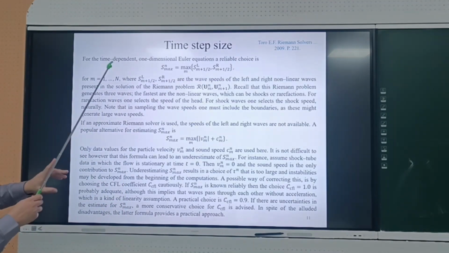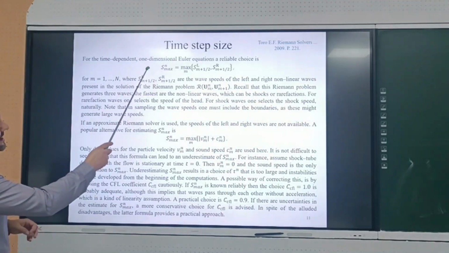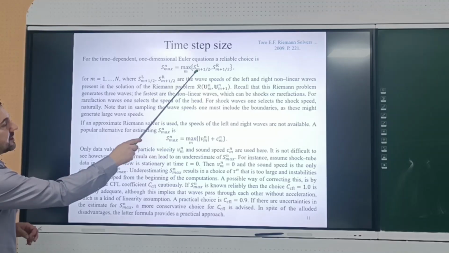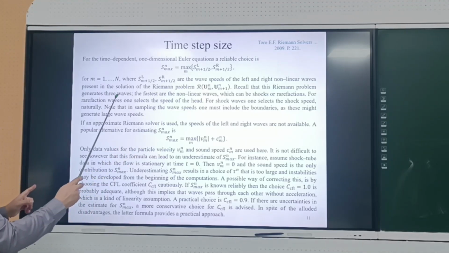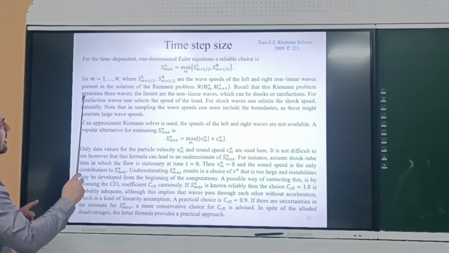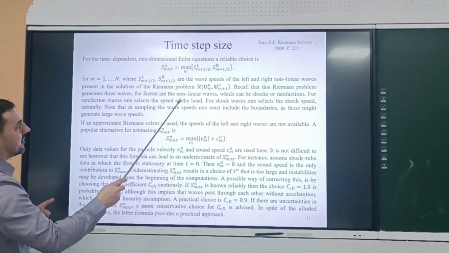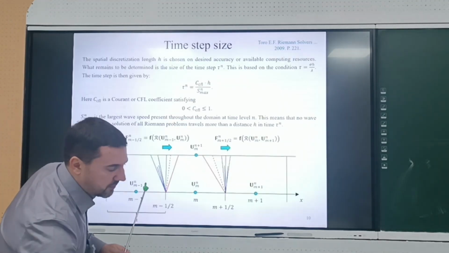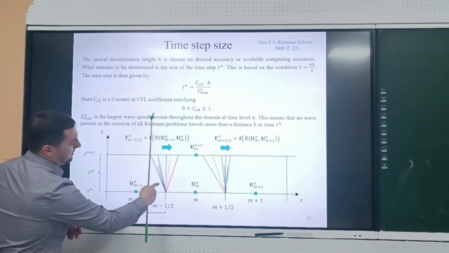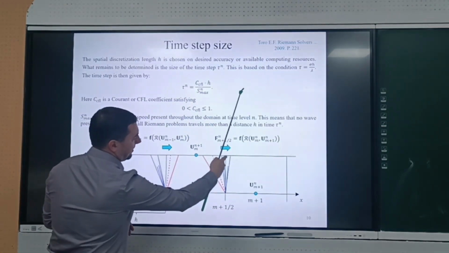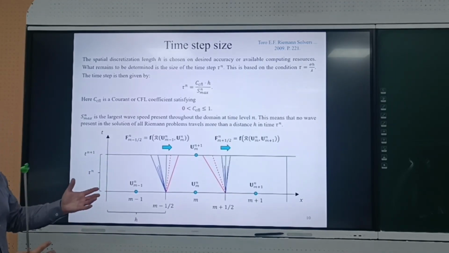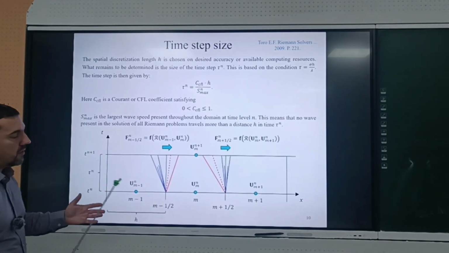If we know all these wave structures, we can take S_n max as the maximum over all cells of the speeds of left and right waves, where S_L and S_R are the wave speeds of all left and right nonlinear waves present in the solution of the Riemann problem. So, for example, if you know all these structures, we know the speed of this wave and the speed of this wave, and we can compute the maximum value over all these waves.